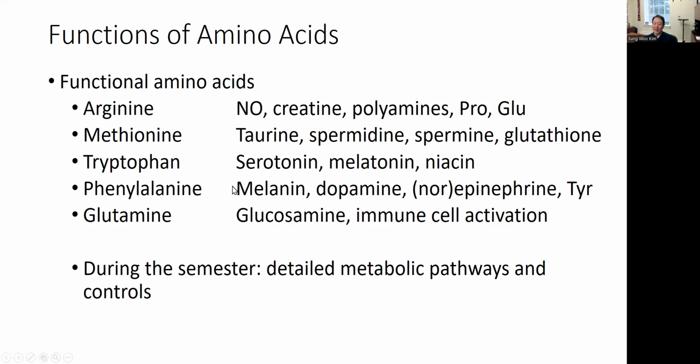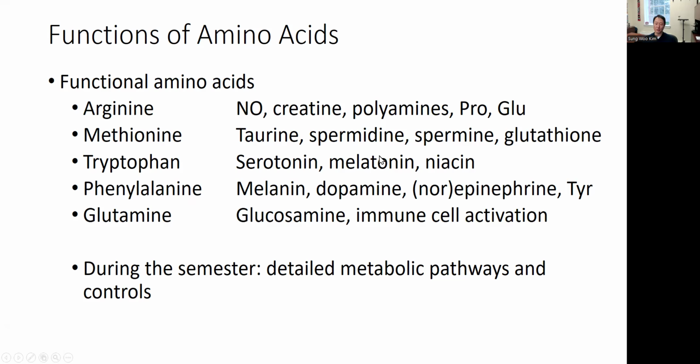In the case of tryptophan, it is very famous because it is a precursor of serotonin and further of melatonin. This happens all the time in the intestine, related to muscle contraction in the intestine. Also, it happens in the hypothalamus in the brain, where serotonin is a neurotransmitter related to changes of mood and so on.